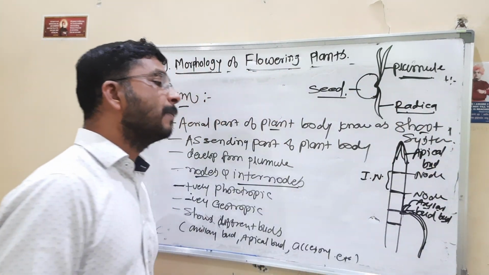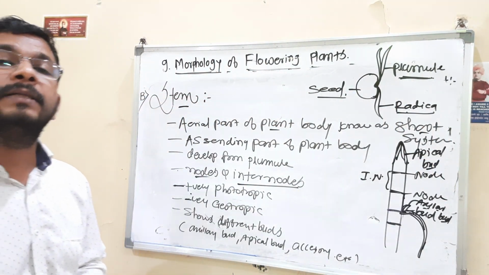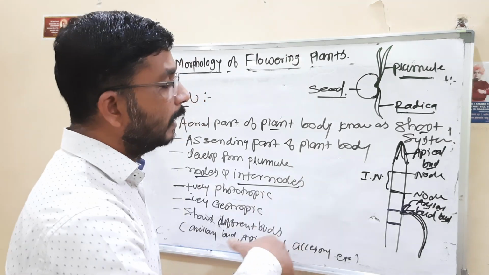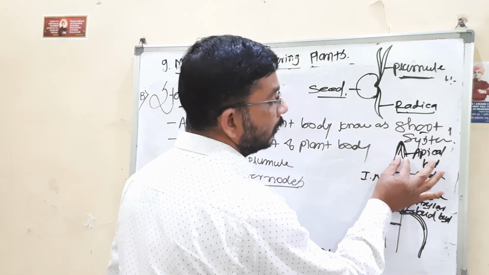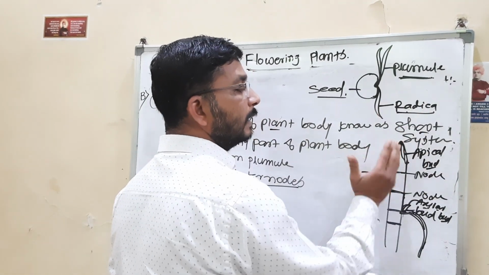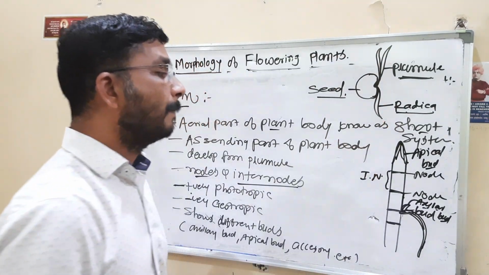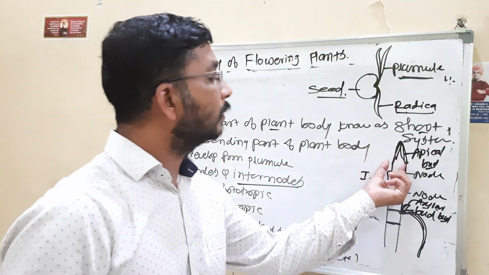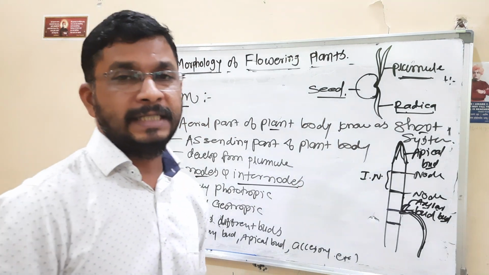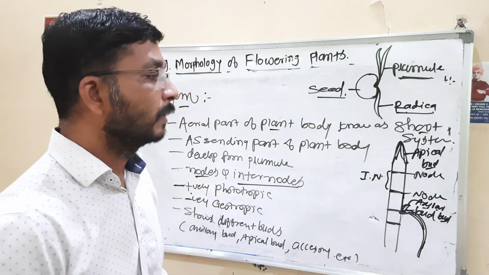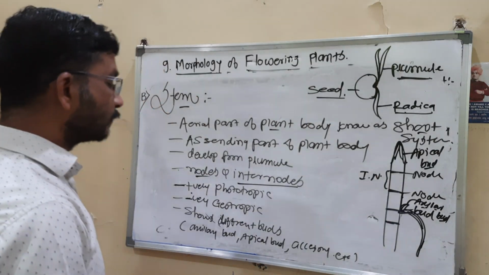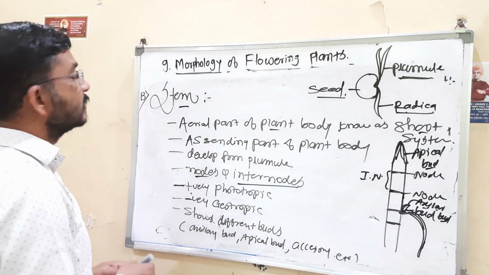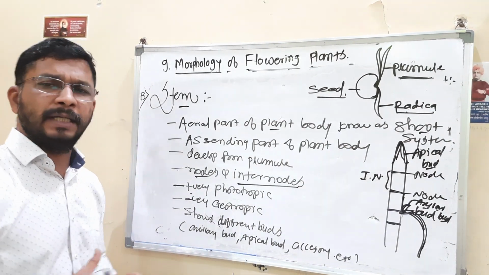What is the function of the apical bud? The apical buds elongate and form the apical growth of the particular stem or plant. All these things are about the peculiar characters of the stem.